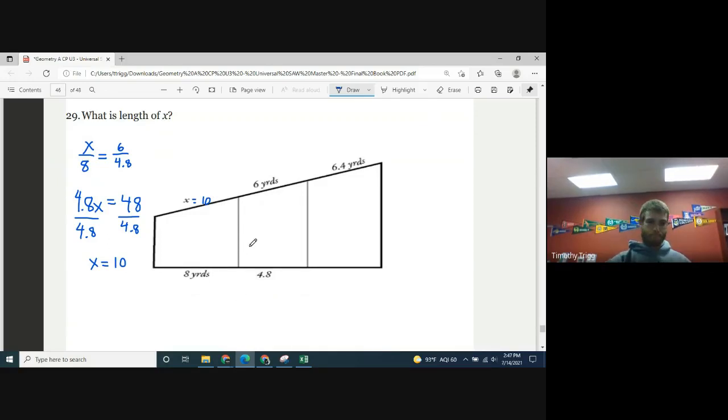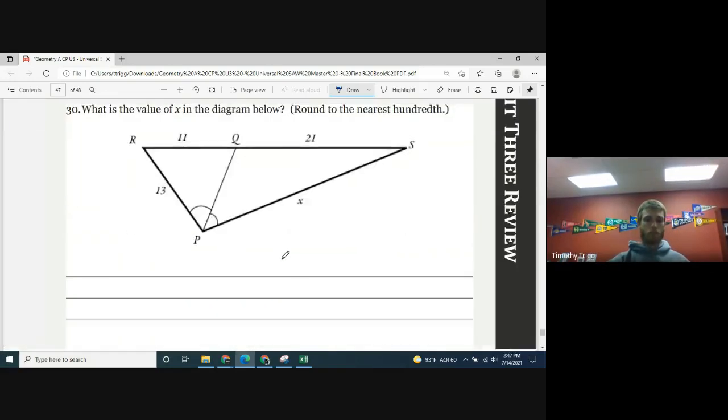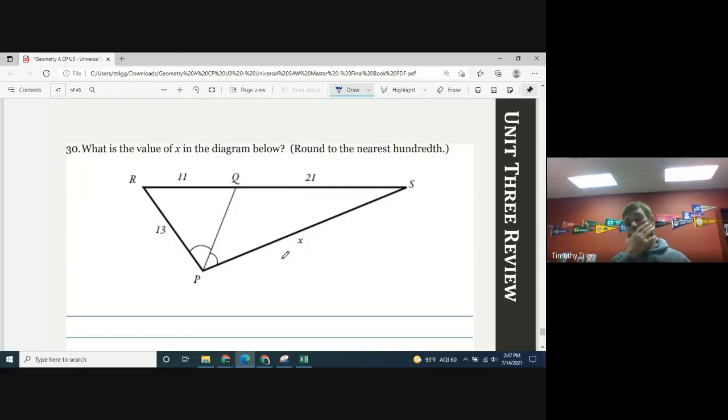Okay. Last one. Here, again, if you could set up the proportion correctly, then this problem is really easy. So here, 11 is to 13 as 21 is to x. Right. This is to this as this is to this.